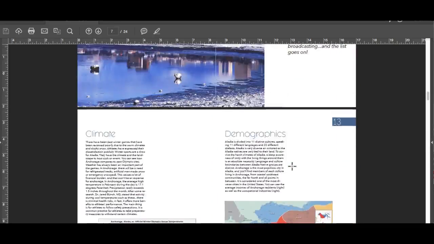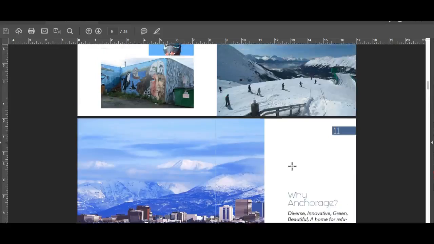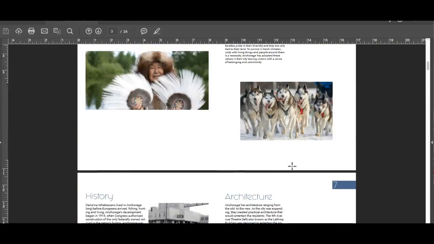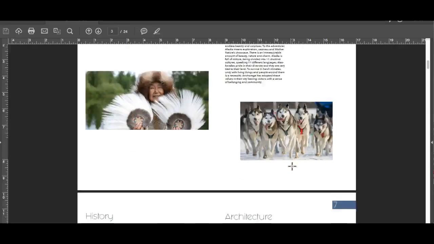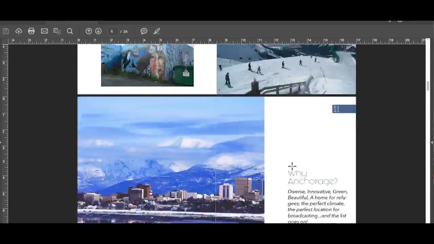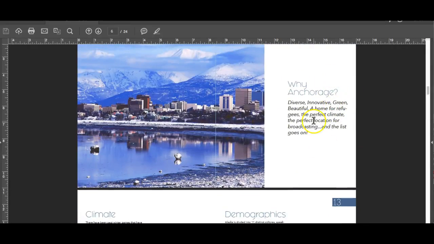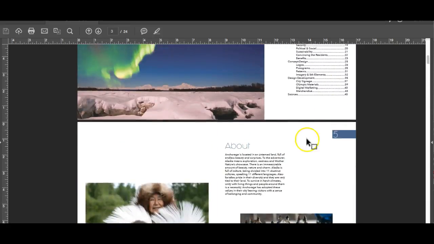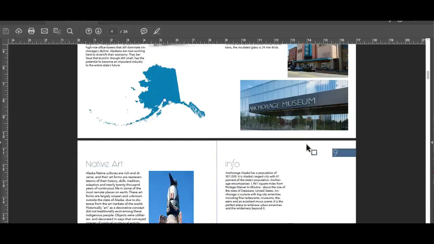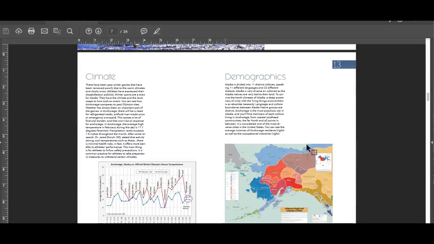Concept design. Okay, so why Anchorage? So, again, that's kind of bugging me now. I keep thinking about it. Why is this here? Why is this after phase one? Isn't phase one the research describing why Anchorage? So wouldn't that be up here? This is phase one, about history, architecture, native art info, why Anchorage.